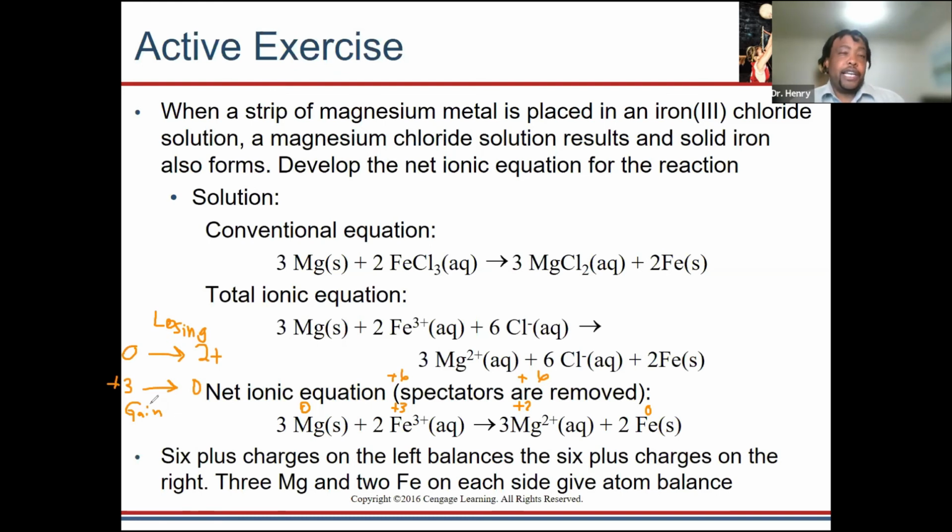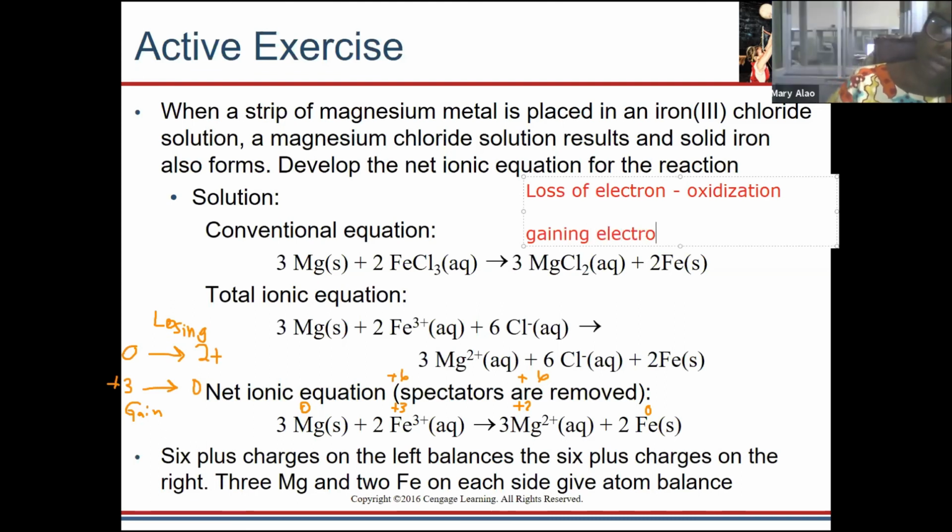Anytime that you're losing electrons, that's called oxidation. And the way I remember is loss of electrons, oxidation. And if you're gaining electrons, reduction. That's right.